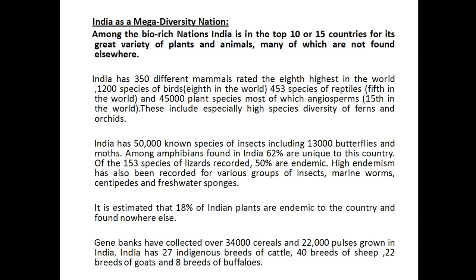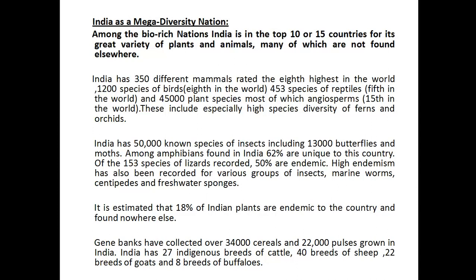Of the 153 species of lizards recorded, 58% are endemic. High endemism has also been recorded for various groups of insects, marine worms, centipedes, and freshwater sponges. It is estimated that 18% of Indian plants are endemic to the country and found nowhere else.